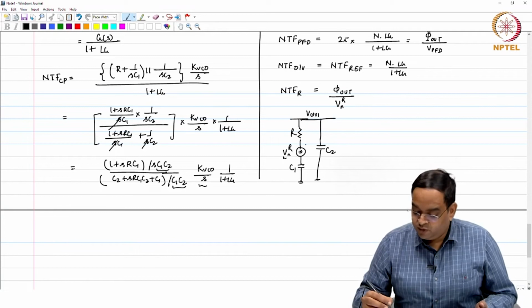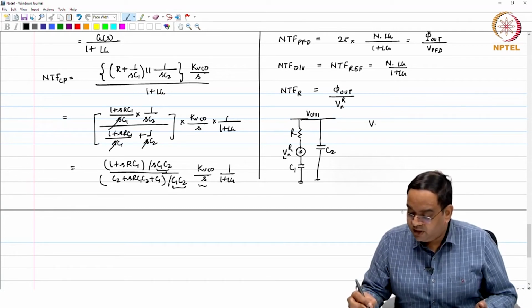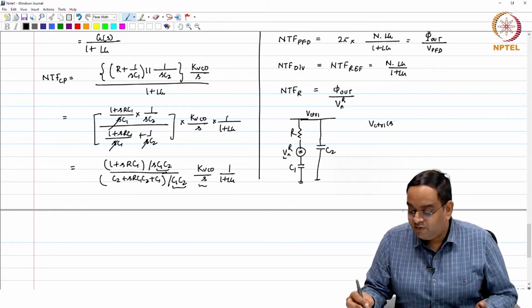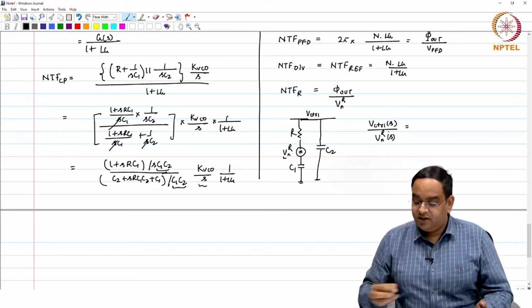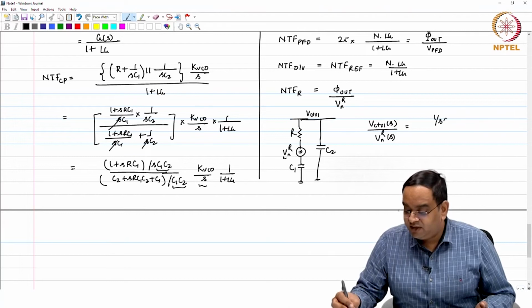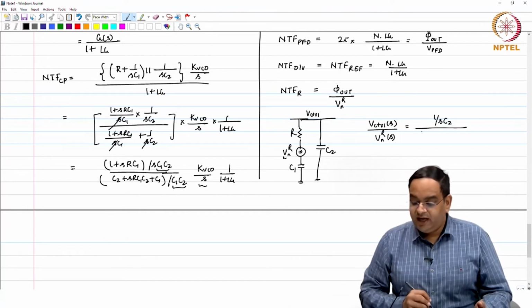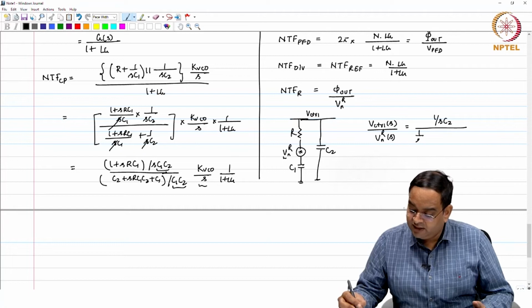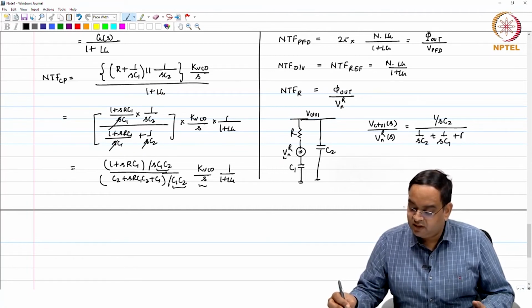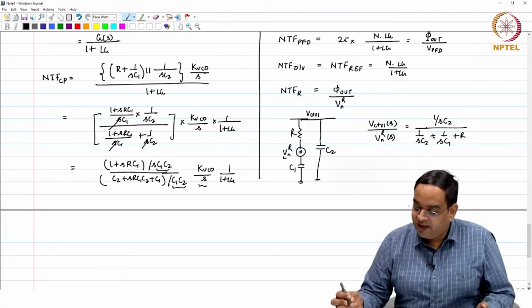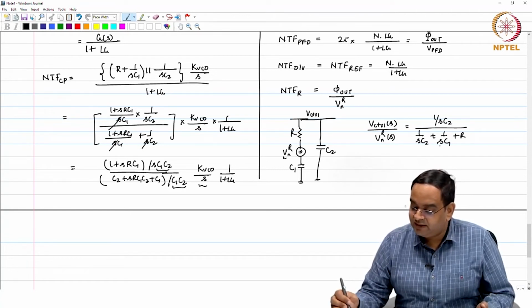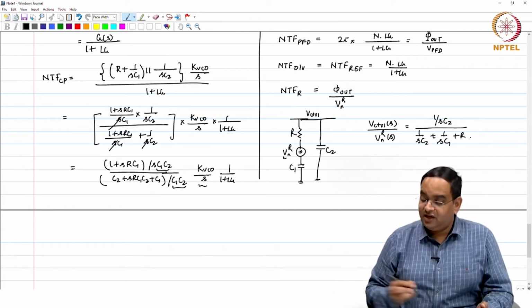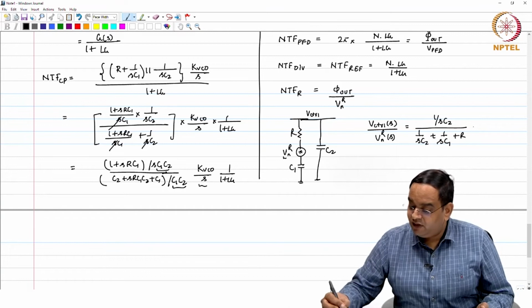To do that, we know that V control of S divided by VNR of S is nothing but 1 over SC2 divided by 1 over SC2 plus 1 over SC1 plus R, which you can calculate now.